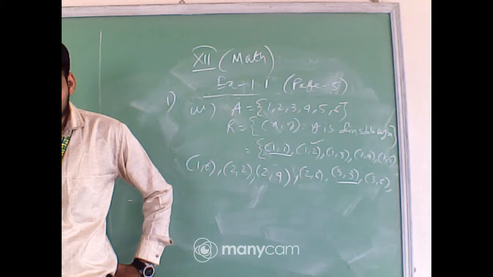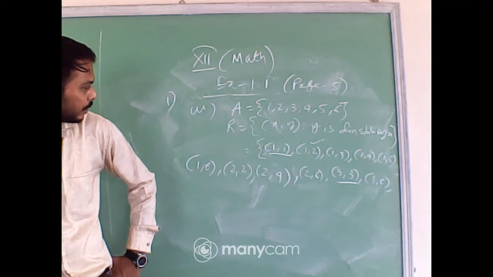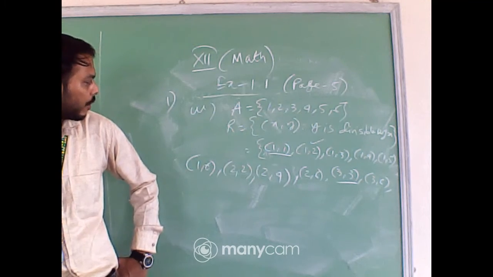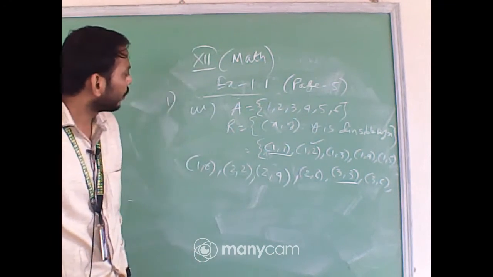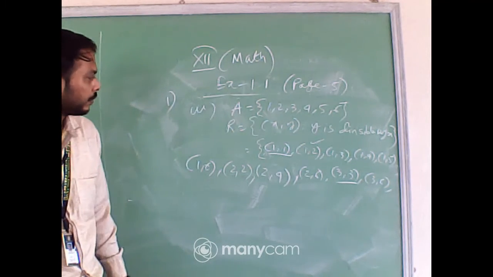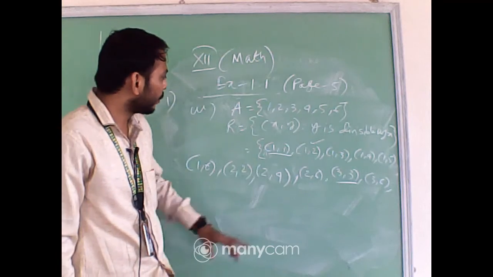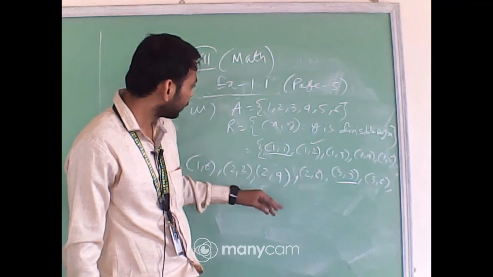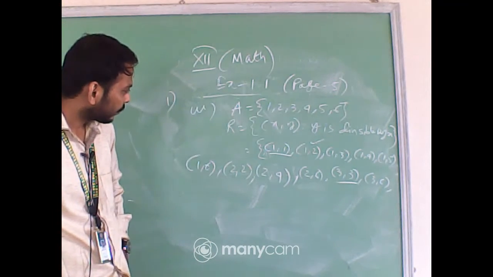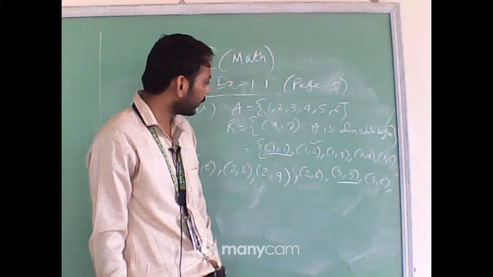As it is not symmetric at 1, 2. That's not the right logic. If you combine 1, 2 and 2, 2, it will give you again 1, 2. That is transitive. If you take 1, 3 and 3, 3, then 1, 3 again.